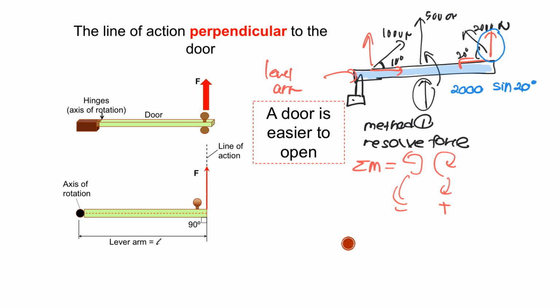Positive or negative? So how to do that? It's moving in what, clockwise or anti-clockwise? Your hinge is in this part. Your 2000 is going to move in anti-clockwise motion.